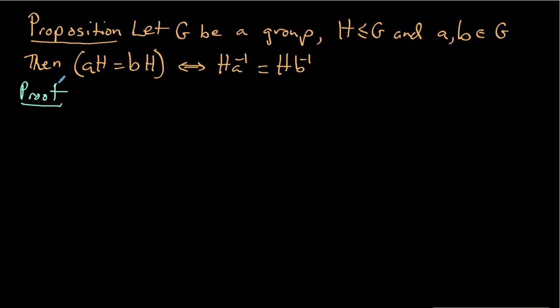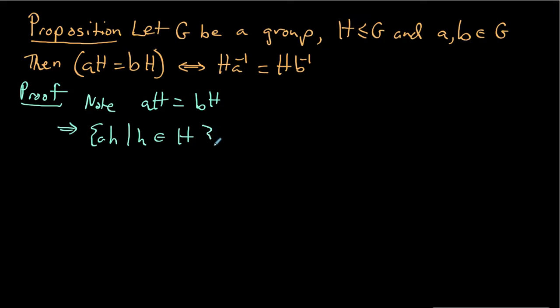Well, the first thing is I want to make a particular note. I want to note that AH equal to BH means that the set of A times h, where the little h runs through all of the h's, is equal to the set of b times h, where the little h's run through all of the h's.